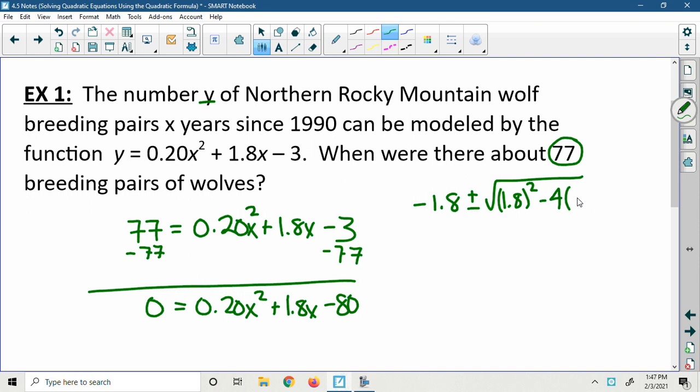So let's see, negative 4 times a times the c number, all over 2 times a.